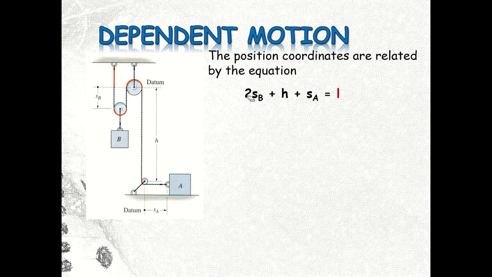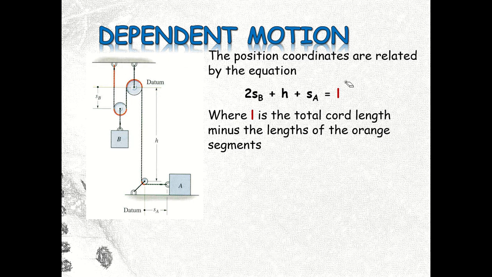So you can write it as two times SB, plus this height H, plus this length, position coordinate SA, equal to L. What is L? L is the total chord length minus the length of the orange segments, minus this length, this length, this length, and this length.